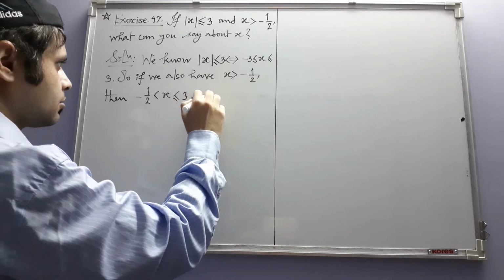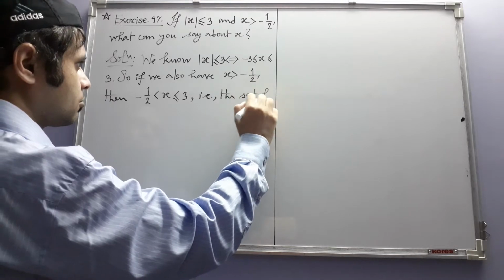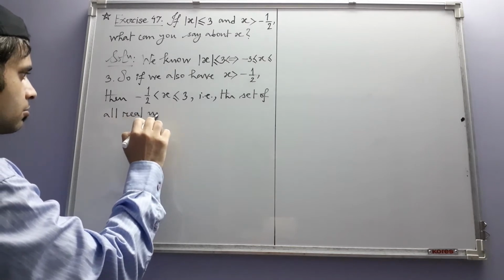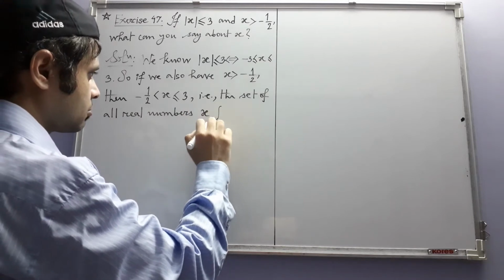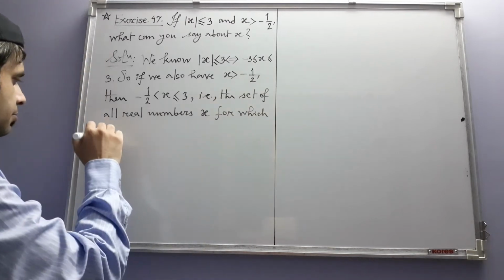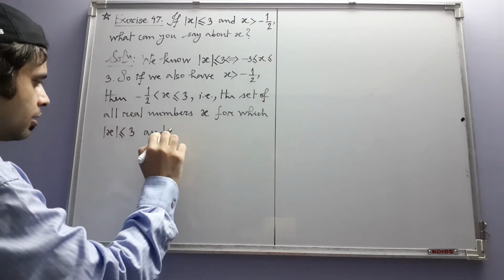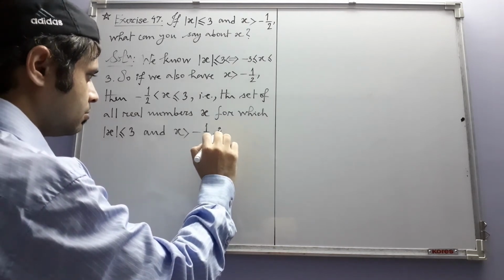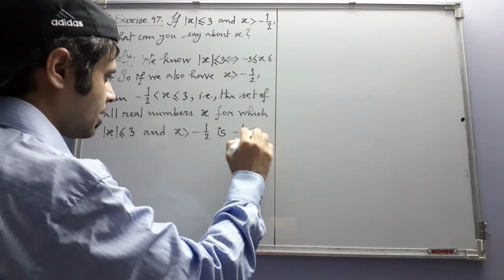That is, the set of all real numbers x for which this is true and at the same time this is also true is this interval, this half open interval.